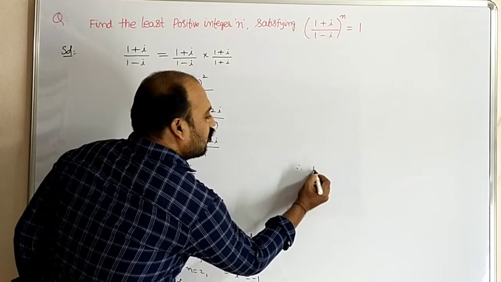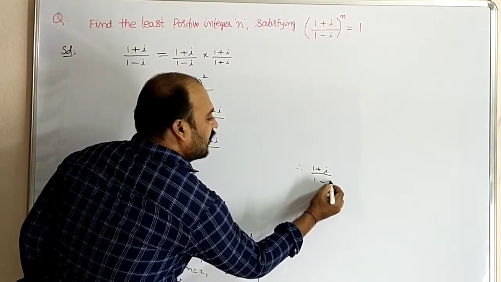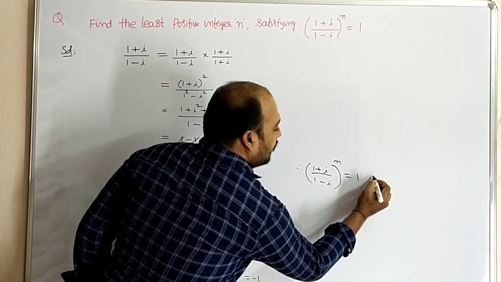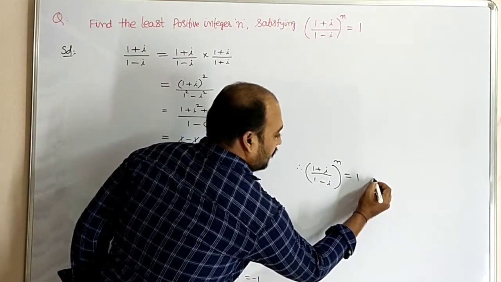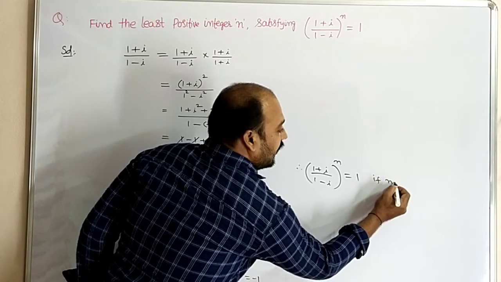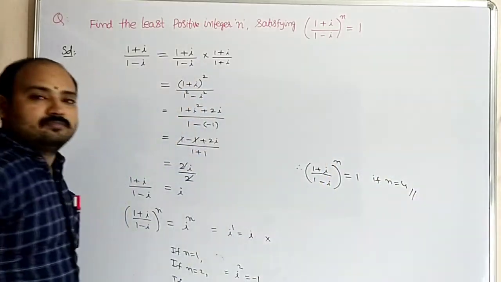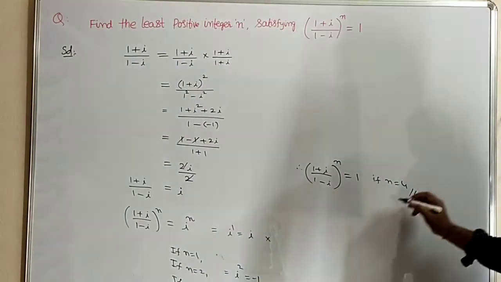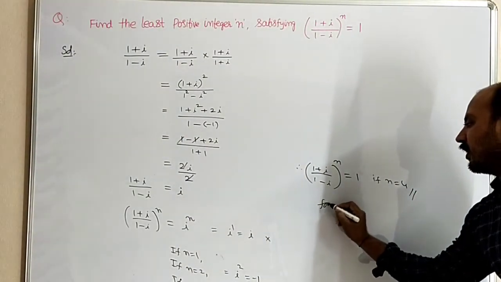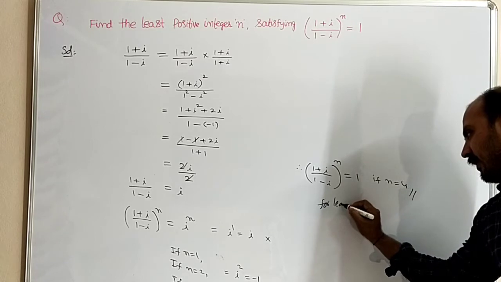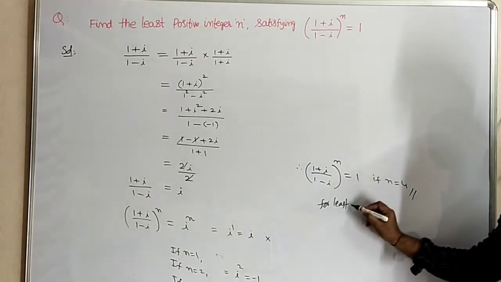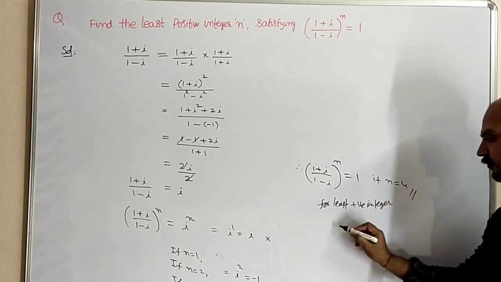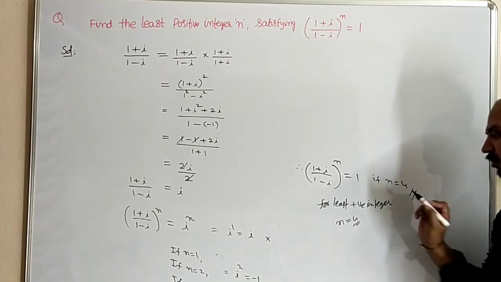Therefore, ((1 + i)/(1 - i))^n is equal to 1 if n is equal to 4. Only for the least positive integer, n is equal to 4.